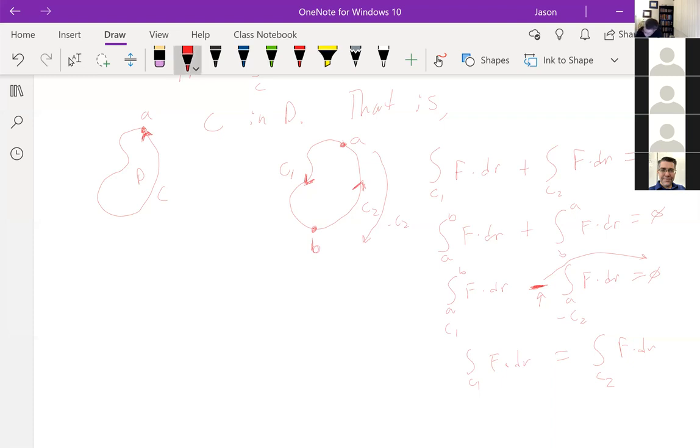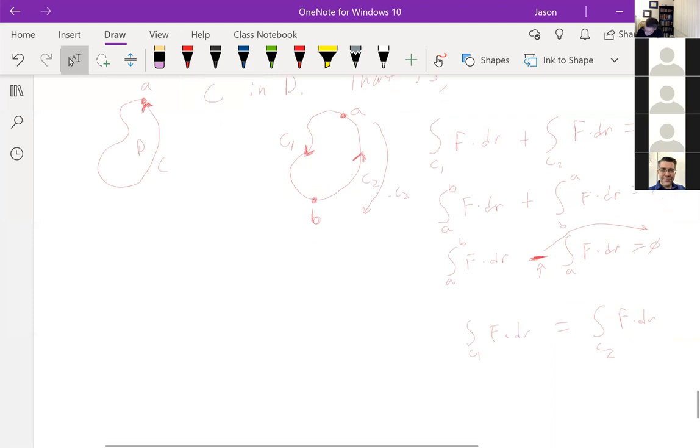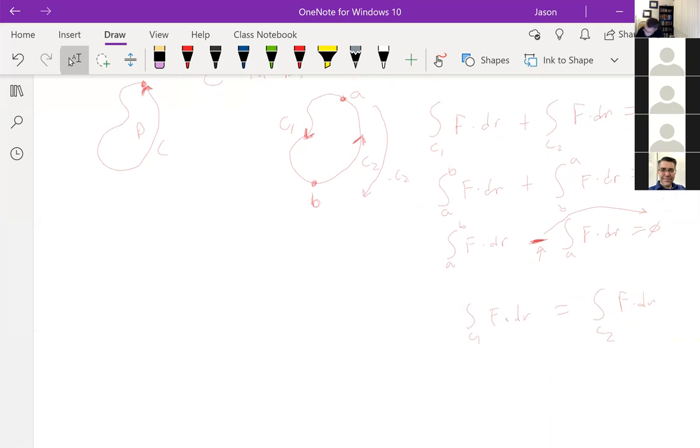If it's kind of confusing, you can get rid of that, but it does work out. I just had it wrong; it should be like that, because A to B is a negative C2, and A to B is C1, where C1 is equal to a negative C2.